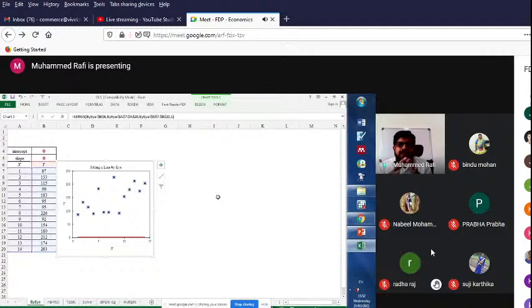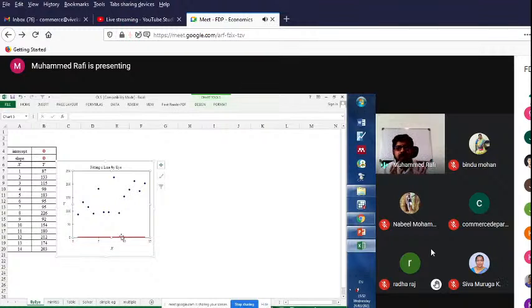You can see a red line here, which is the fitted line. It is beta 0 cap plus beta 1 cap xi, right? You can get the fitted line when you know the values of beta 0 cap and beta 1 cap.